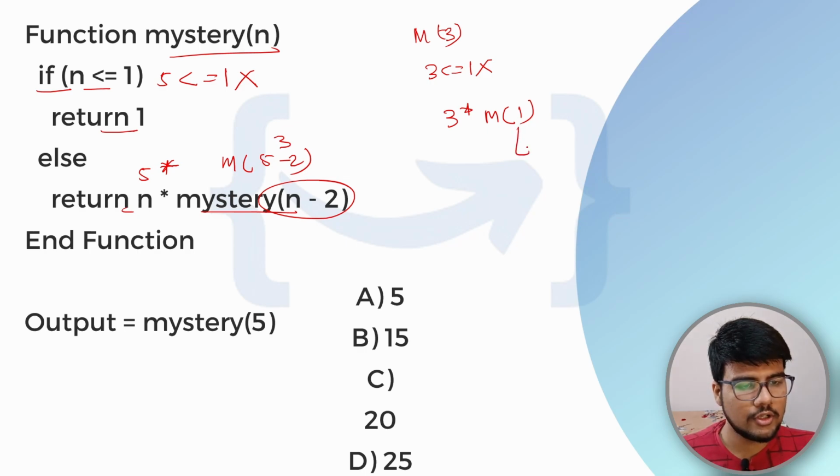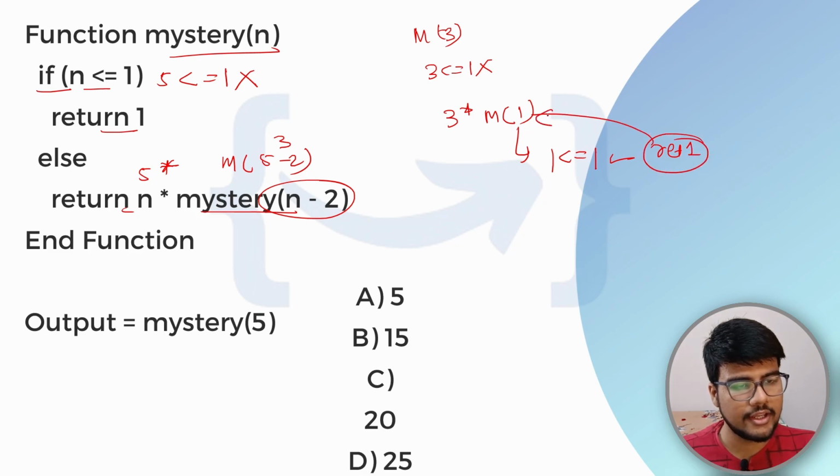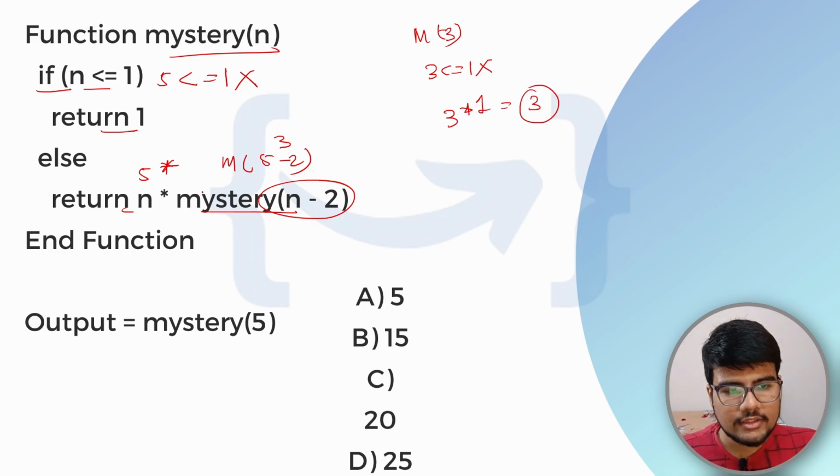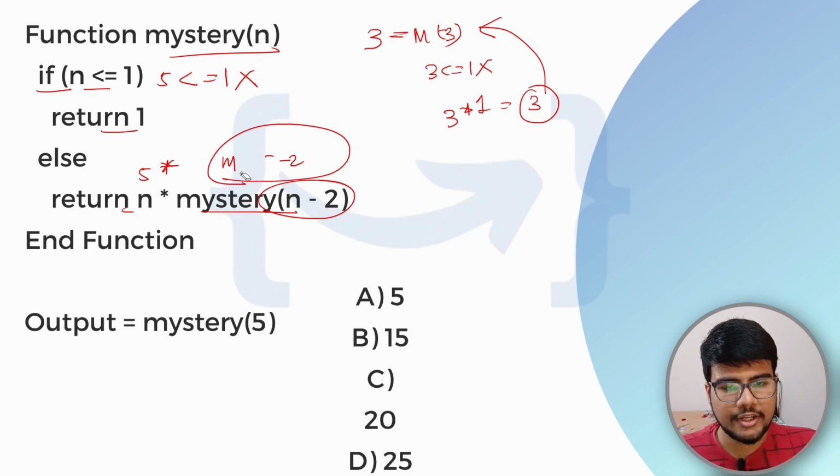So now this function will check: is 1 less than or equal to 1? Yes. Then I need to return 1 here. So now this would be returned here. Now I know that mystery of 1 value is 1. So now 3 into 1 would be 3. Now 3 will be returned to this function. So this function resulted as 3. Mystery of 3 we already computed, and the value is 3.